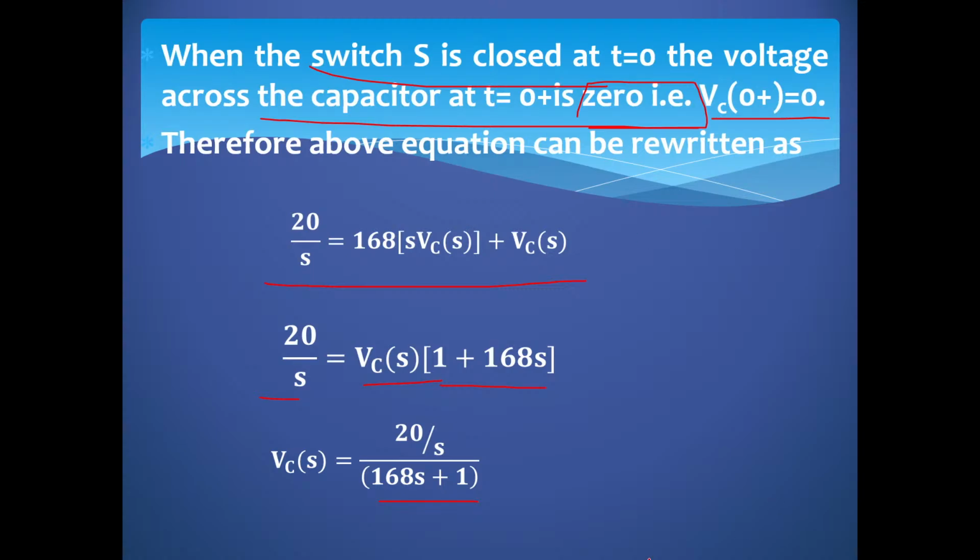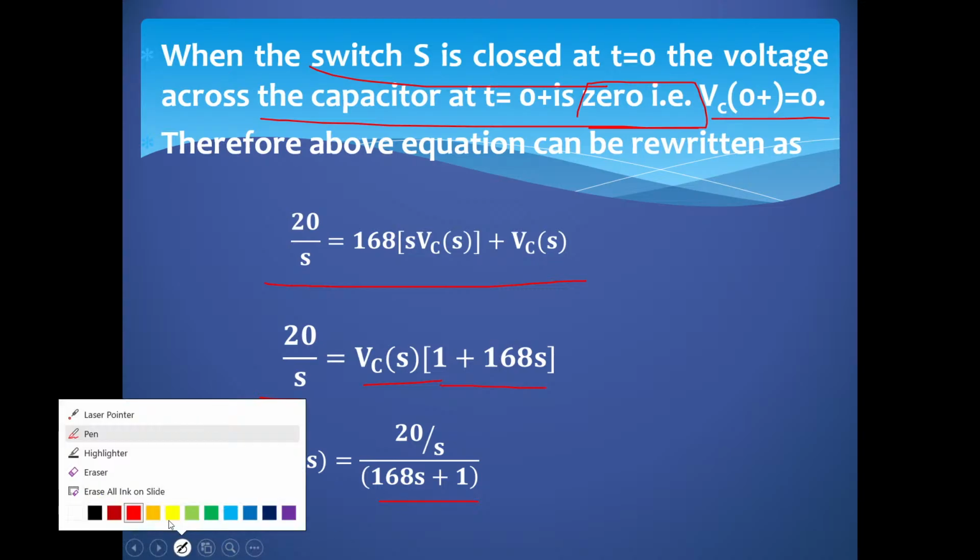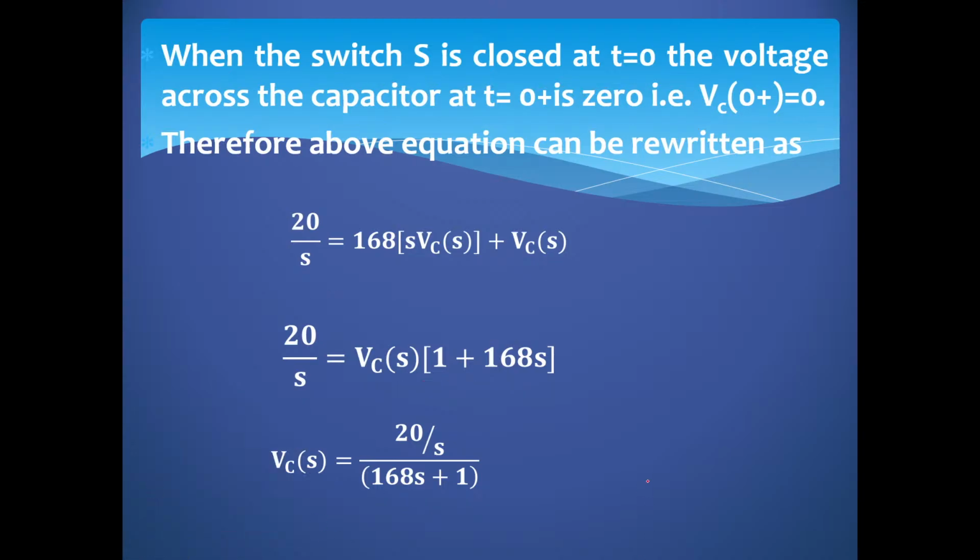If you remember, I have already told you, if there is any coefficient beside the s in the denominator, you have to remove that coefficient, that's it. You don't have any other option to go for partial fractions to determine Vc of t. So our aim here is to determine the Vc of t, that is, the voltage across the capacitor.